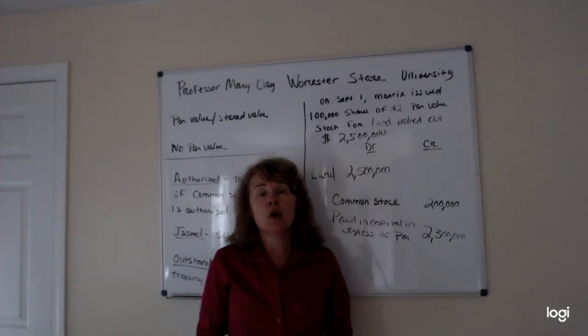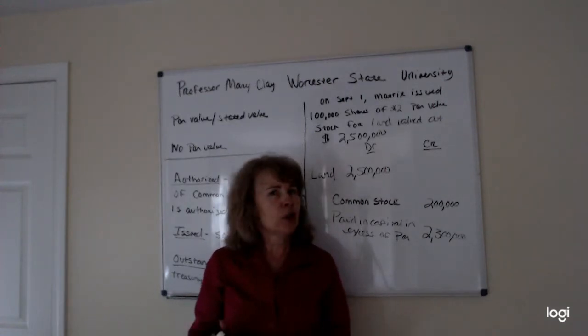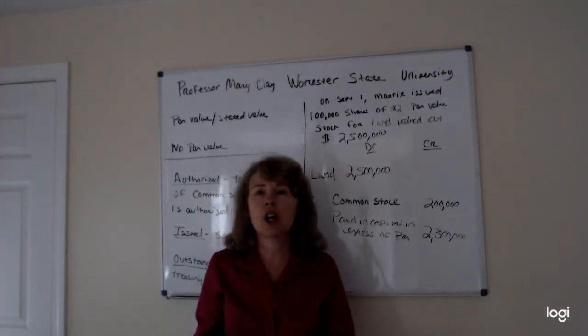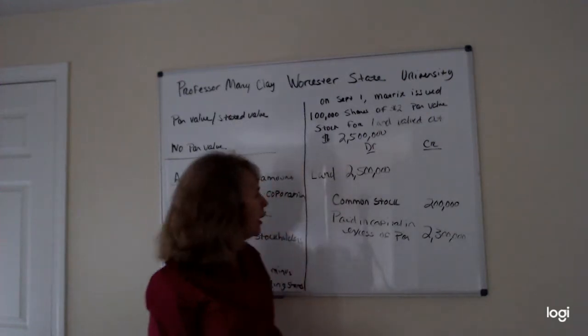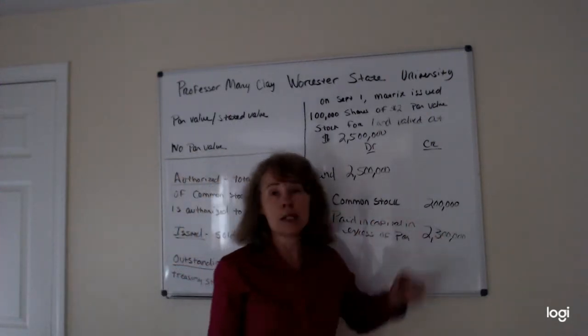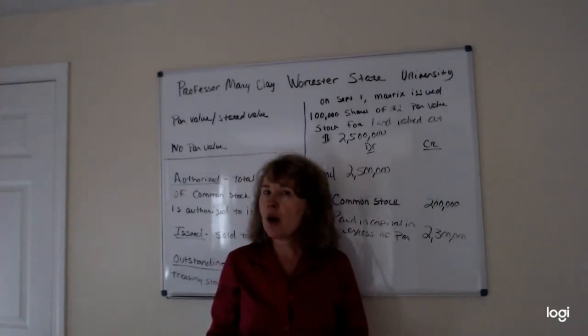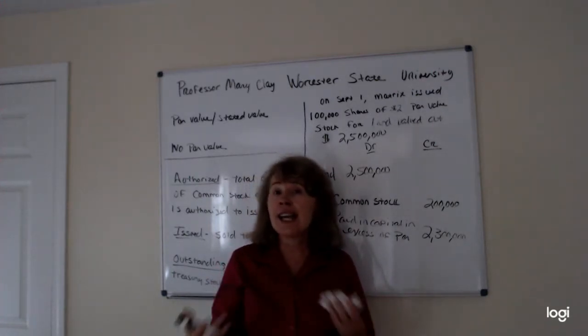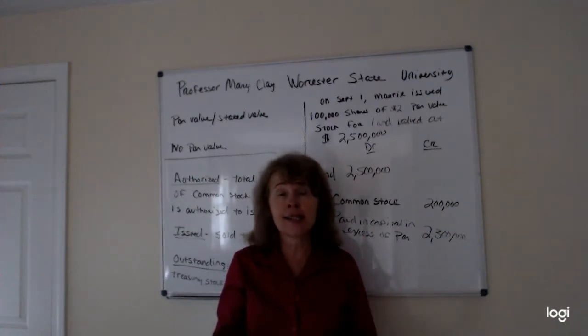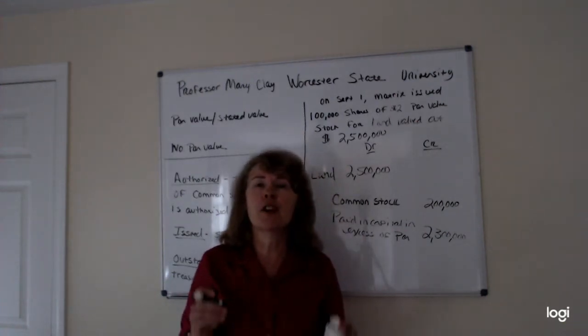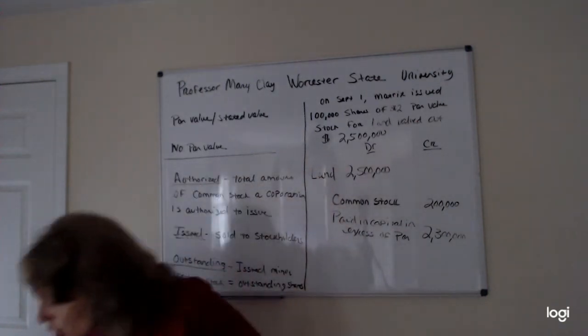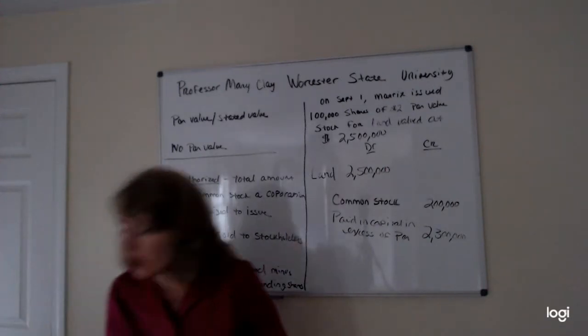Next, I'm going to go over preferred stock. Preferred stock is very similar to common stock. So instead of crediting common stock, you're going to credit preferred stock. However, the journal entries will be very similar, but you're going to look in the problem for the par value associated with preferred stock.